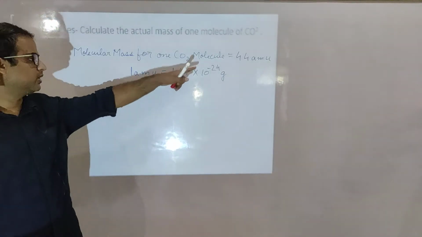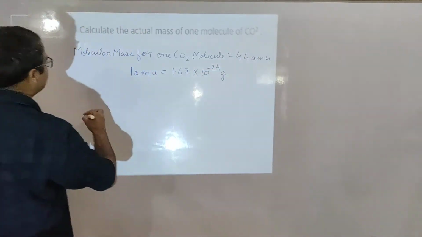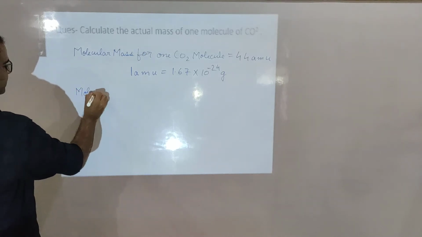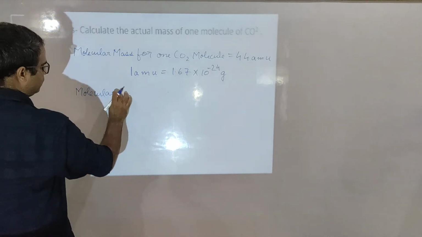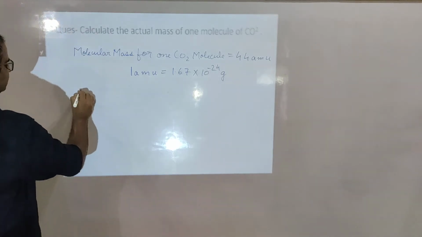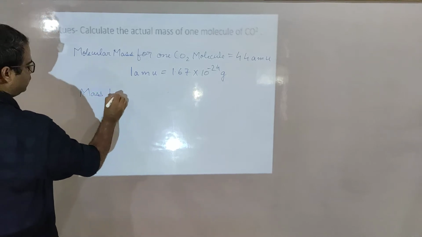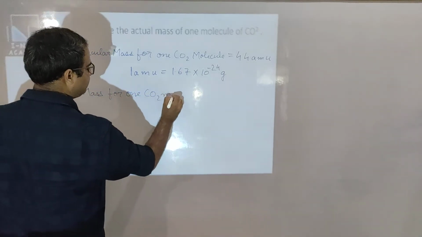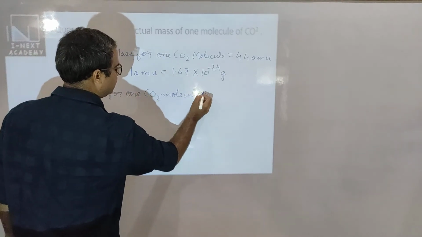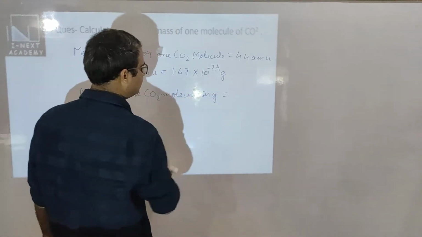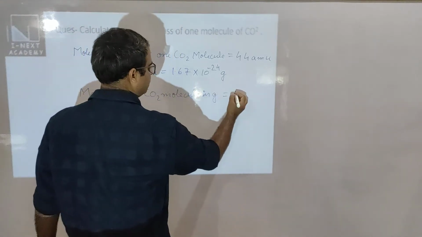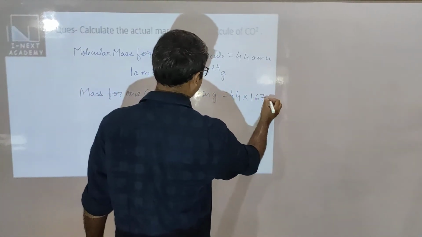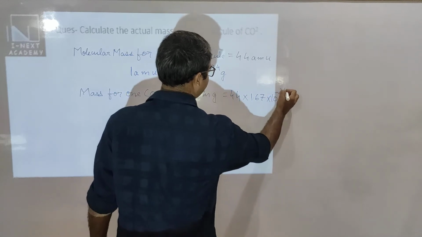So we will use this to convert AMU into gram. The mass for one CO2 molecule in gram will be 44 into 1.67 into 10 to the power minus 24.